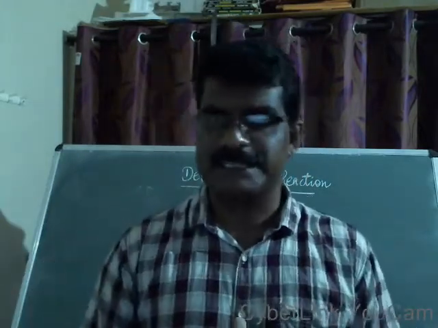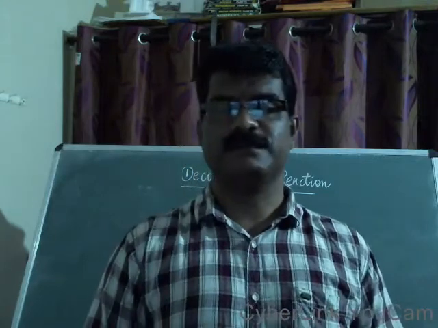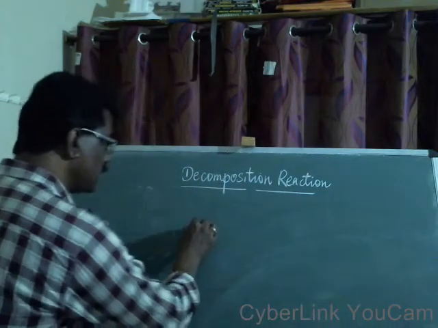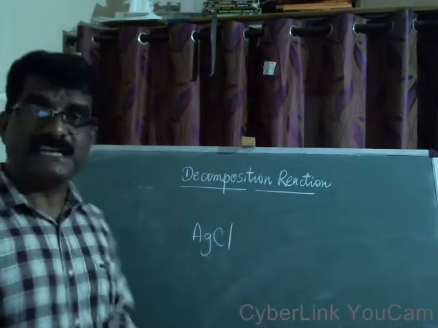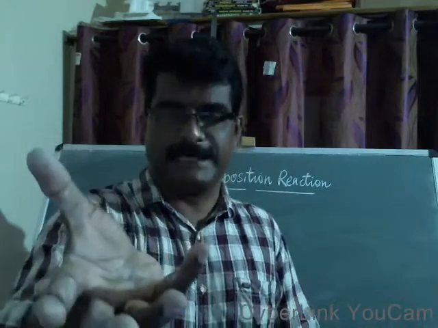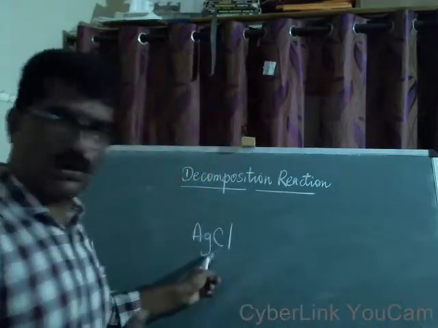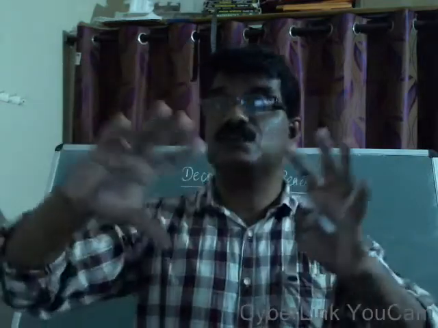Now I will tell you another example for decomposition reaction. And this decomposition takes place with the help of light. When the white color silver chloride is kept in sunlight, it becomes gray.